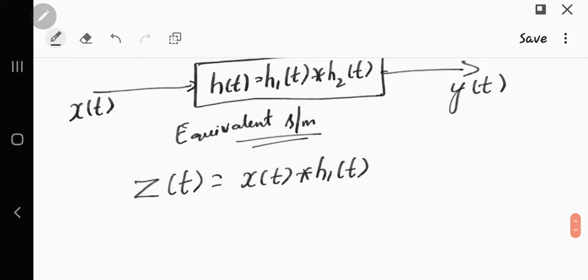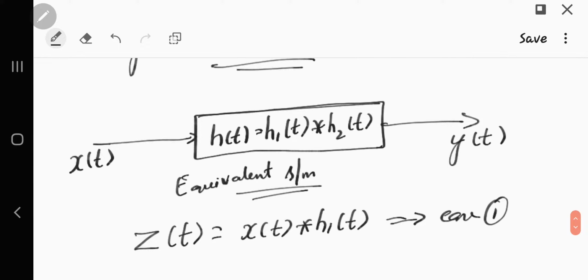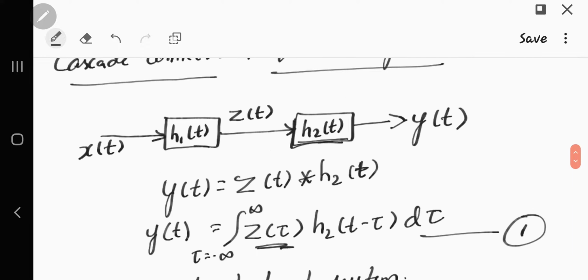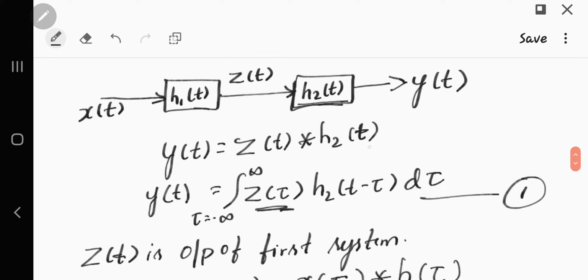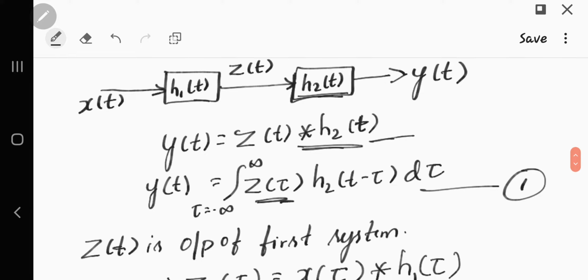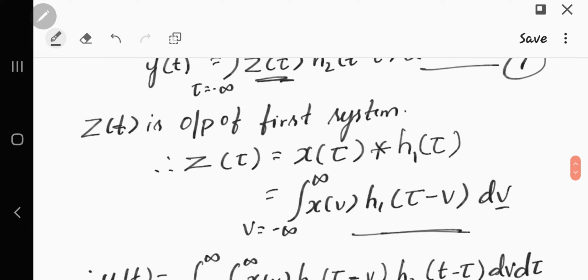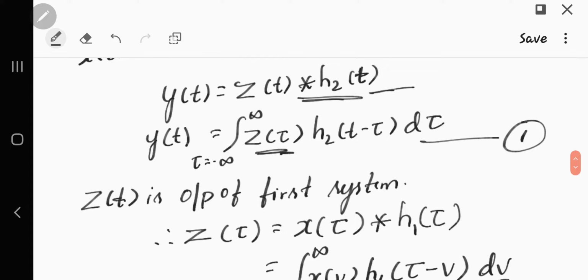So z of t is equal to x of t convolved with h1 of t. So this is present in equation 1. If you have doubt, you can go back to this one. Here it is. Okay, from equation 1. So here you can see from the system 1, you can say y of t is z of t convolved with h2 of t.